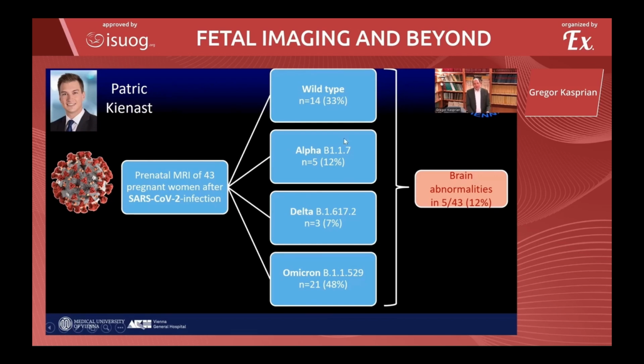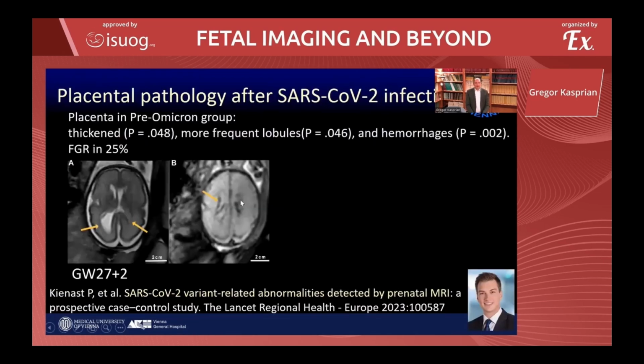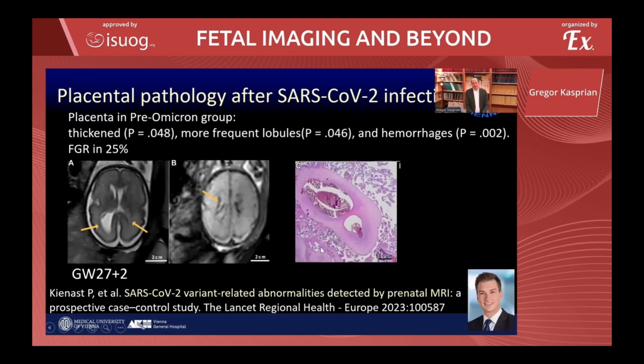And you could see that some of them had the original wild type variants, most of them had Omicron. And what he found was that in 5 of those 43, this is, of course, a pre-selected cohort, there were brain abnormalities. And the most frequent brain abnormality we found was hemorrhage and blood degradation products.